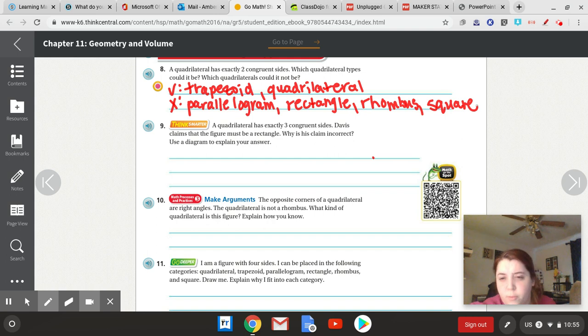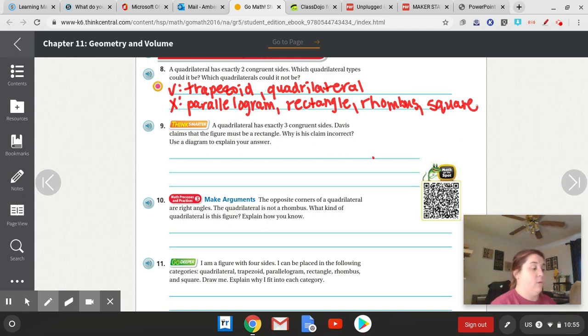That number 3 should throw you off automatically when we're talking about quadrilaterals, because quad means 4, so everything we talk about means 4. So you see 3 and that should just be an alert for you. Davis claims that the figure must be a rectangle. Why is his claim incorrect? Use a diagram to explain your answer.